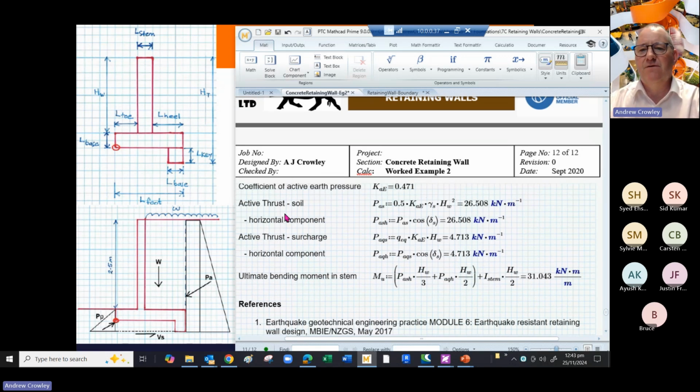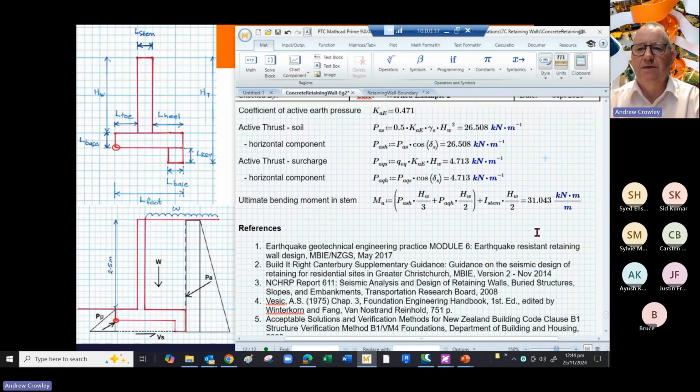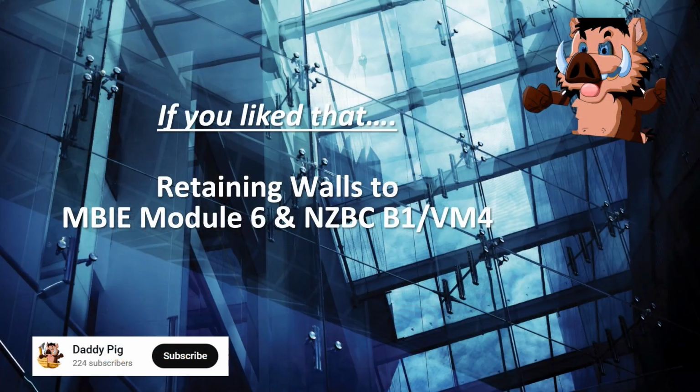Active thrust from the soil is 26.5. Active thrust from the surcharge is 4.7. And the ultimate bending moment in the stem works out as 31 kilonewton meters per meter. And that you can then use to design the concrete wall.